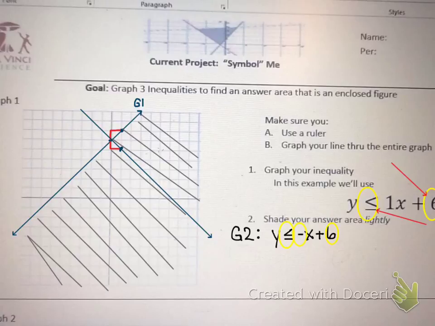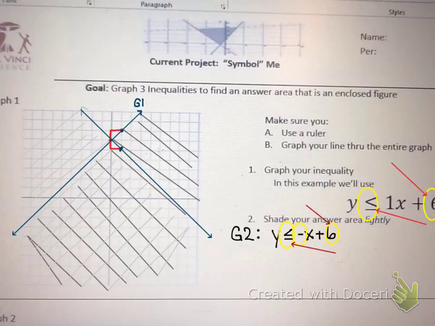And now we need to find the shaded part. Since it is still y is less than or equal to, we look at our y-intercept, which is 6. We look at our inequality, which is less than, and we will shade all the numbers less than 6, such as 5, 4, 3, 2, 1. So bam, there, in a different shade of gray, we have the inequality y is less than or equal to negative x plus 6.